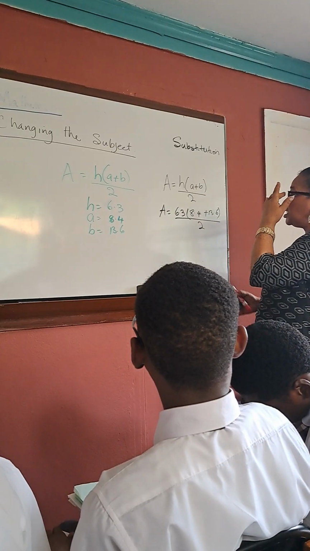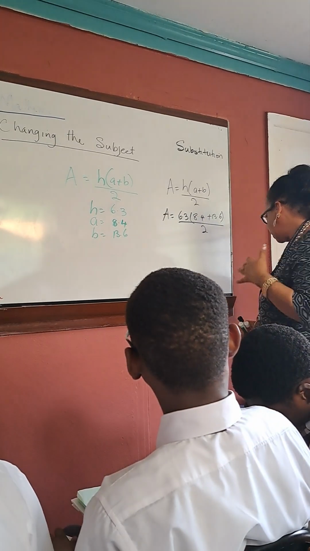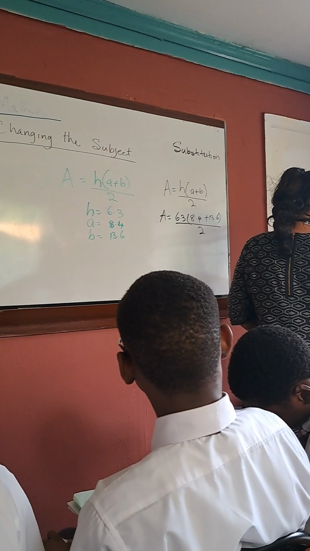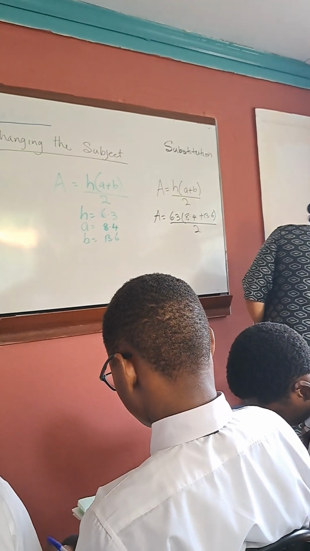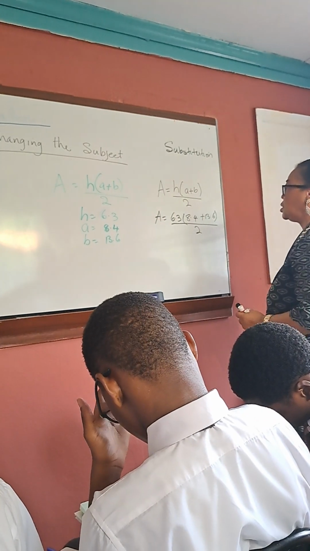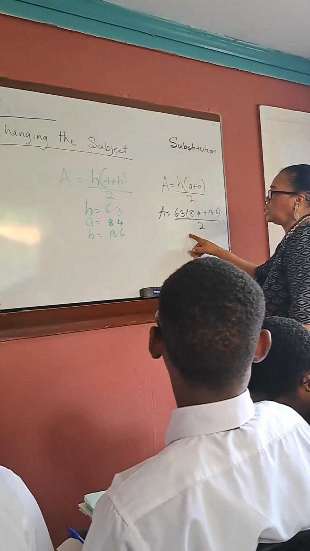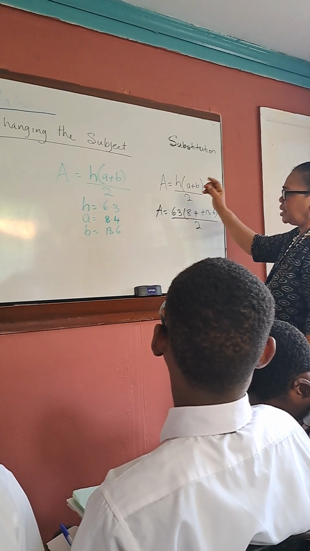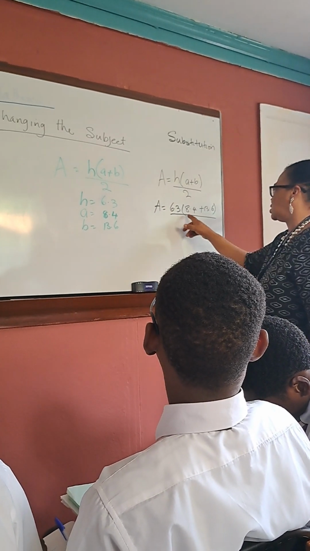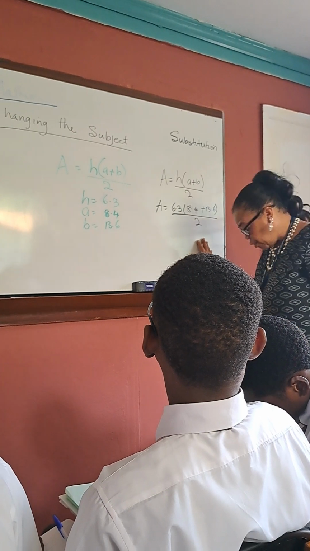Okay, so A is equal to 6.3, and I'm simply substituting the values where they belong. h is equal to 6.3, a is equal to 8.4, b is equal to 13.6, and I'm going to put that back over 2.